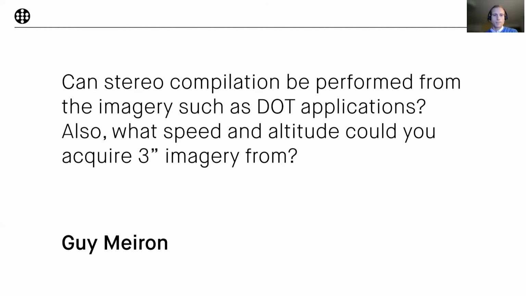As we have heard, the forward motion compensation is done by a software-based approach, not only compensating forward motion, but also motion of the camera and the platform around other axes. And regarding speed, it's quite capable. So you can fly quite fast. 200 knots and more should definitely be within the range of the system to handle.